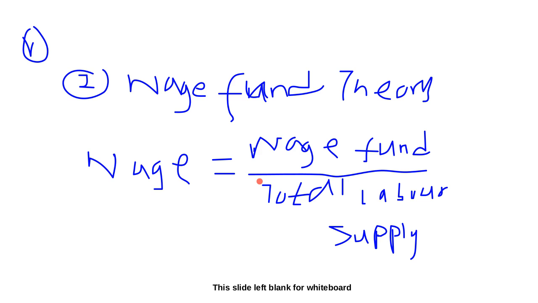So people are going to earn these. If the labor supply increases, people are going to earn so little. And if the labor supply goes down, people are going to earn so much. So the wage fund is assumed to be fixed. That is the first thing about the theory.